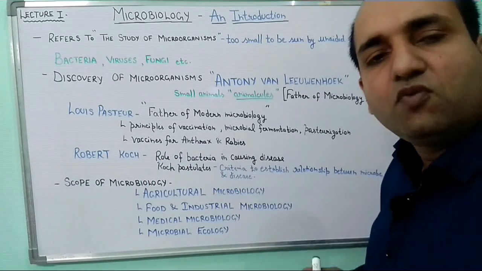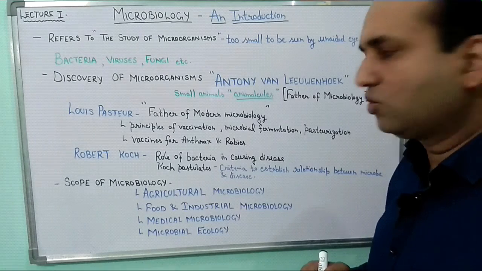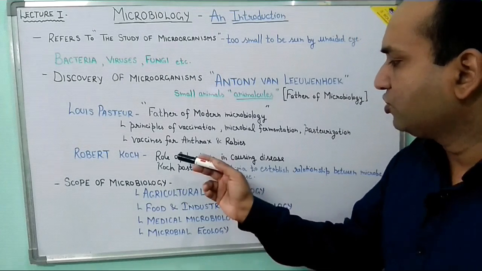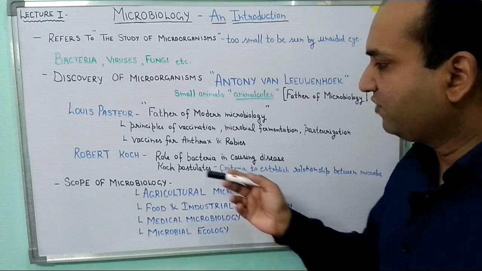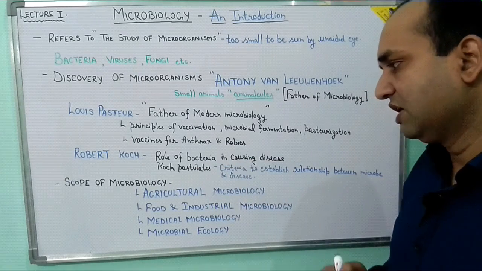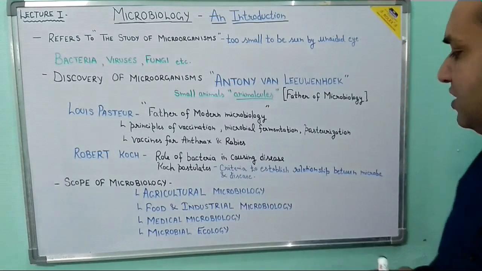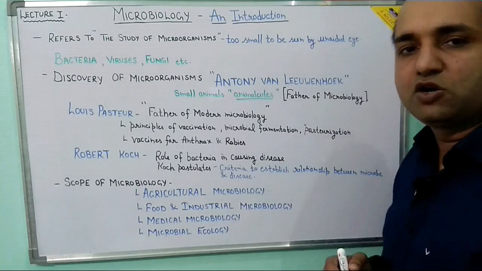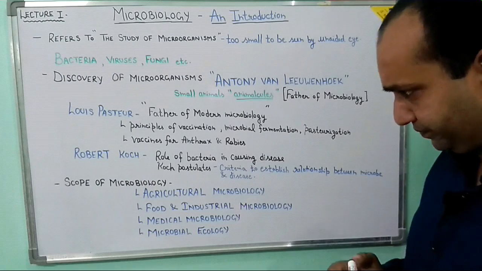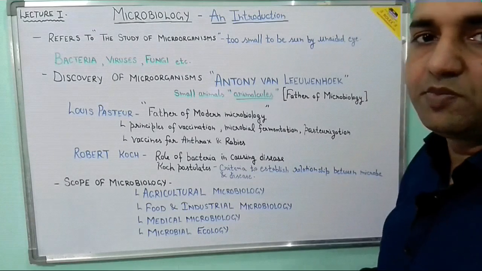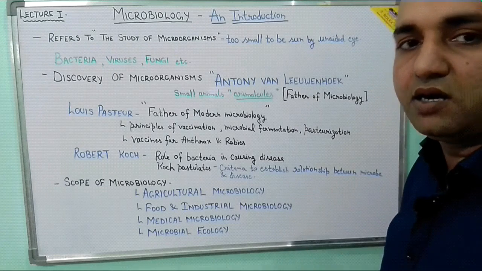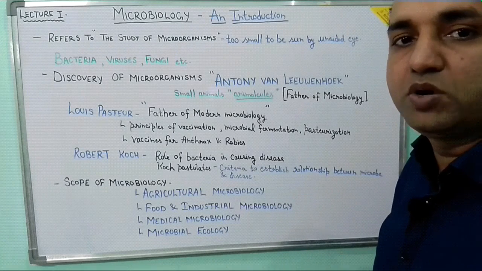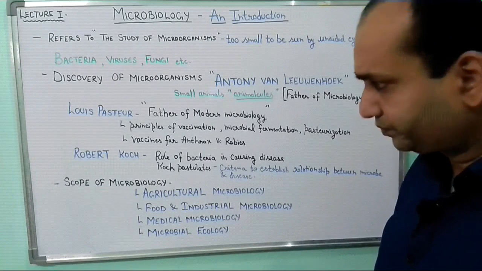Now Robert Koch was a German physician and a microbiologist. He demonstrated the role of bacteria in causing disease. He gave the world famous Koch's postulates, which describe the criteria to establish the relationship between the microbe and disease. He received the Nobel Prize in 1905 for the discovery of the tuberculosis bacterium.